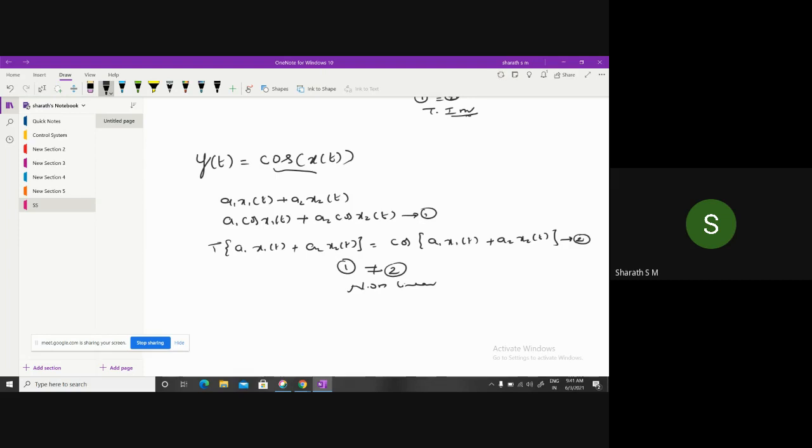And cos of x of t indicates it depends on the present value, so it satisfies the second property. The given system is a causal system.